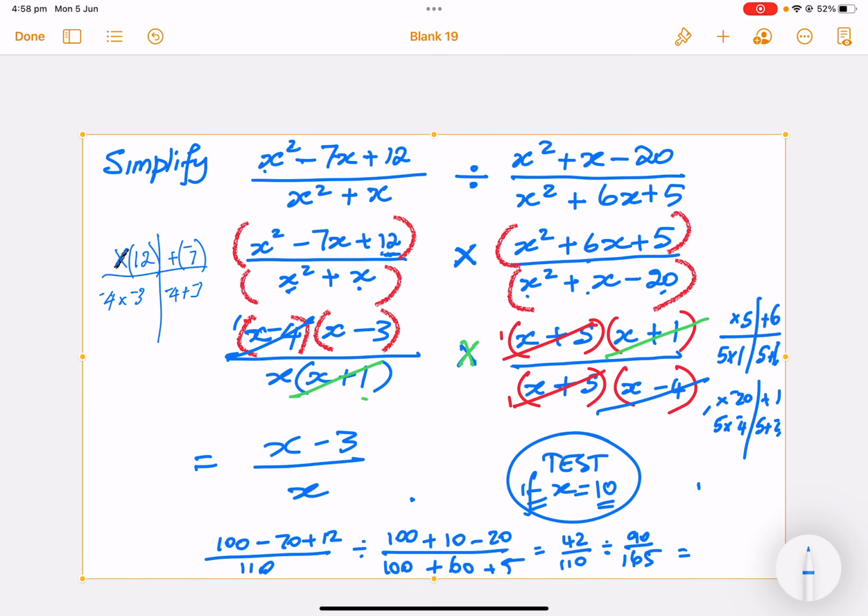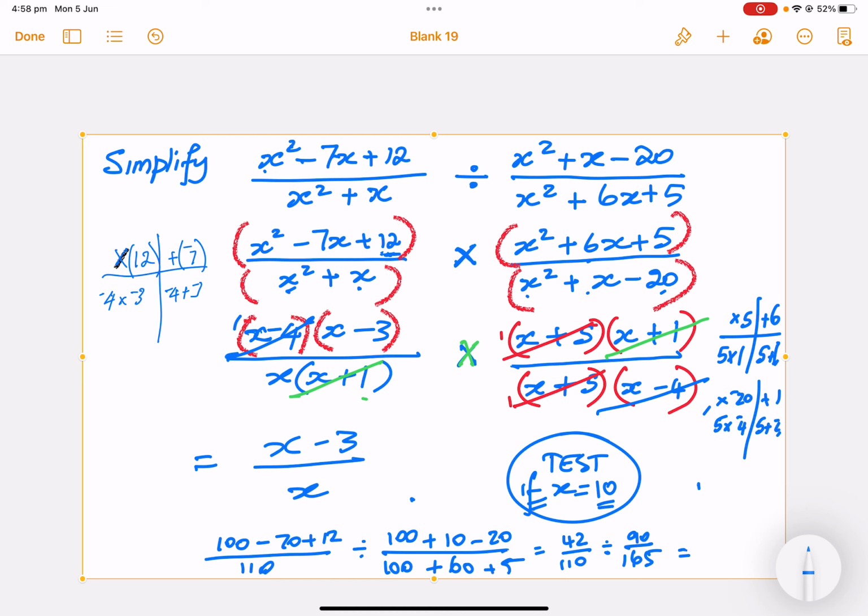I'm going to put that in the calculator just because I can. I'm going to use my flash calculator, if I can. It has a fraction key here. So on the numerator, 42, underneath 110.